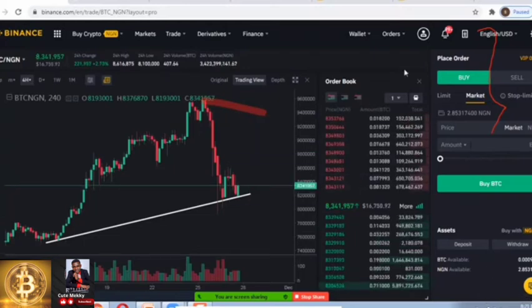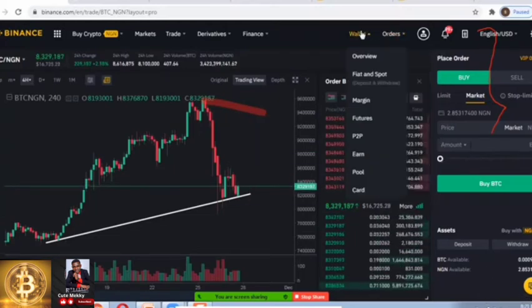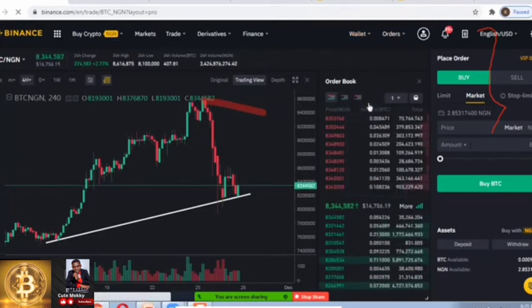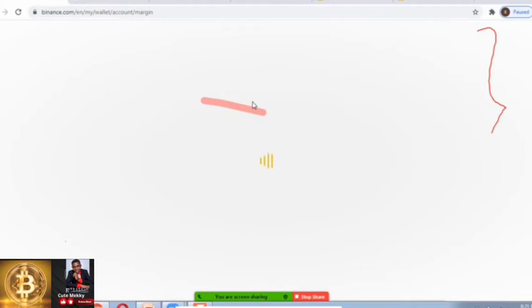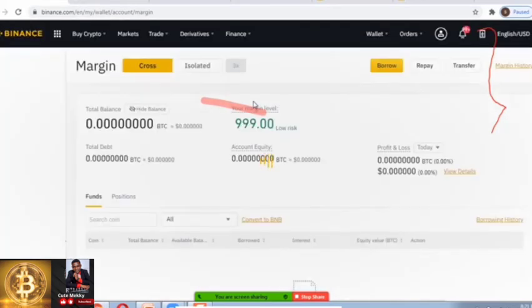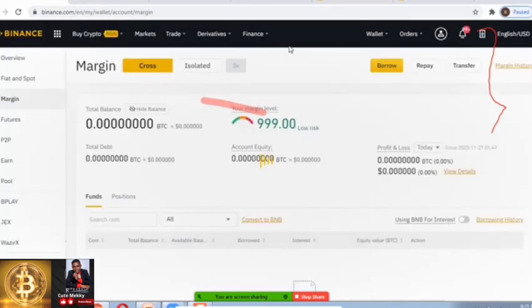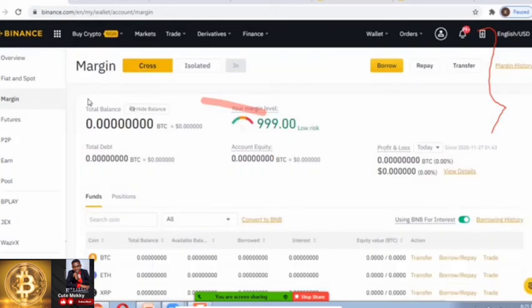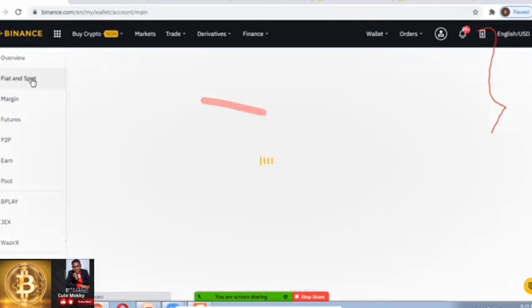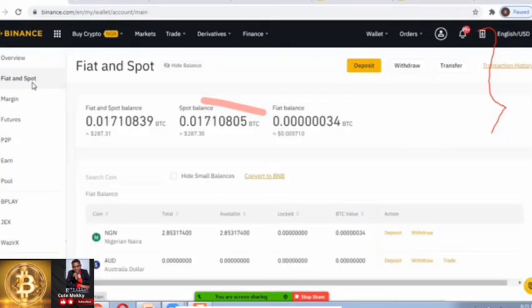Okay, now all the times you are seeing is what we call leverage in trading. Now, if I switch back to margin trading, you will see some coins that will have 10x, you see 5x and all that. What it means is that you are borrowing a certain amount for you to enter that trade. That means you are trading on margin.